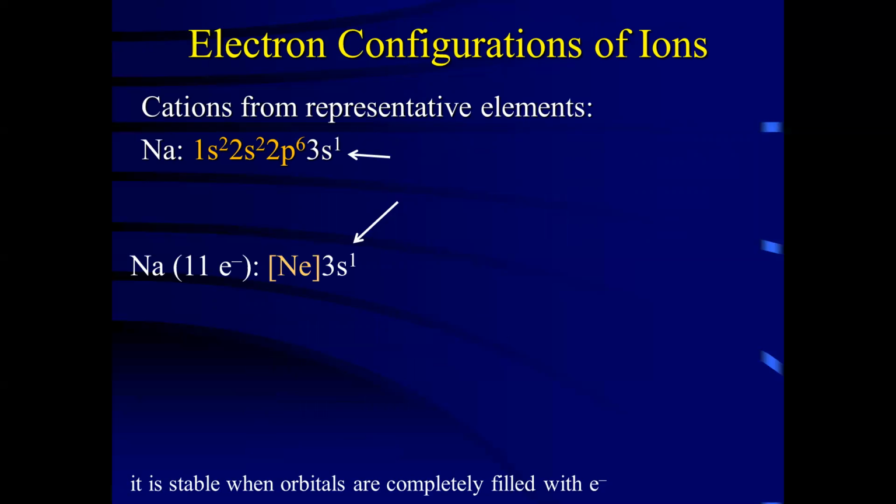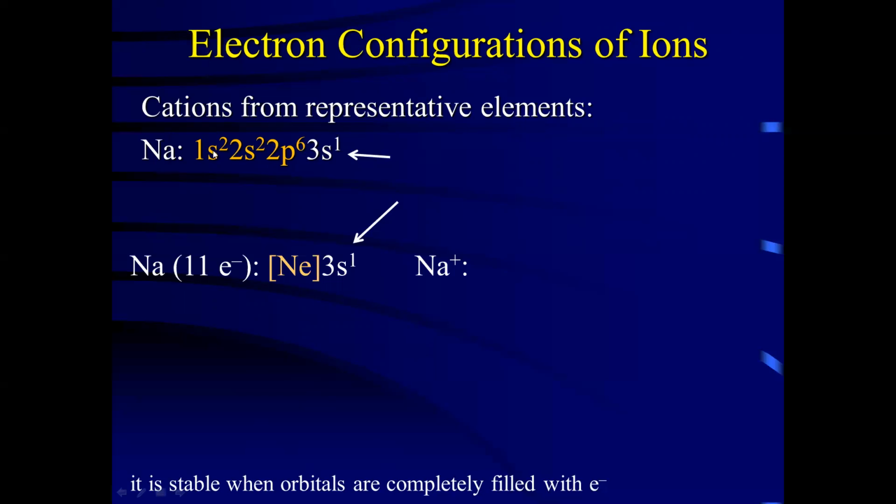So above we talked about the electron configurations of neutral atoms. Here, let's take a look at the ions. Let's first take a look at the cations from the representative elements. The typical example is sodium, which has 11 electrons.